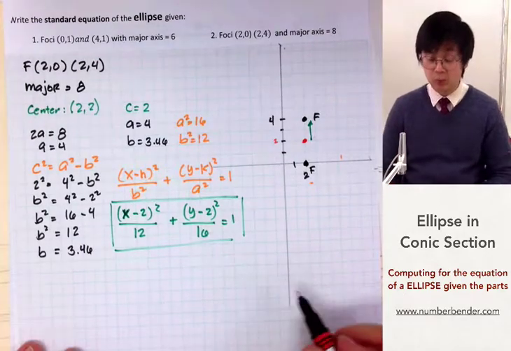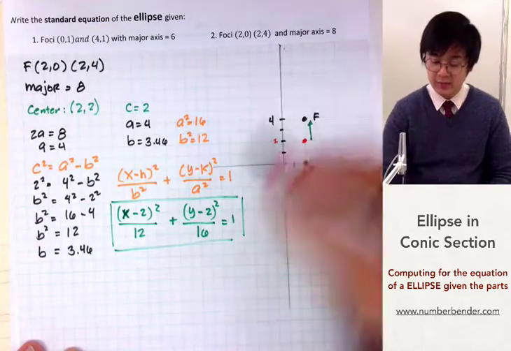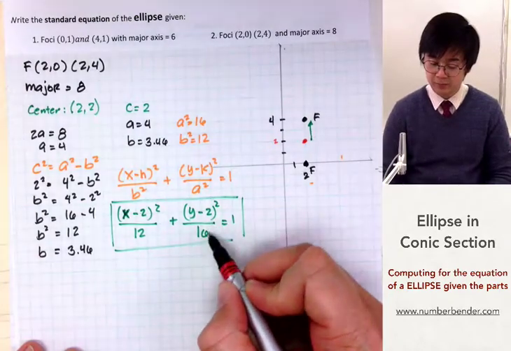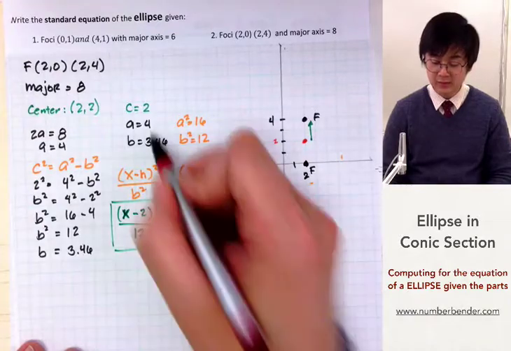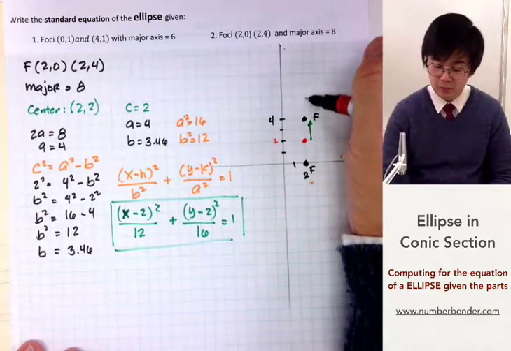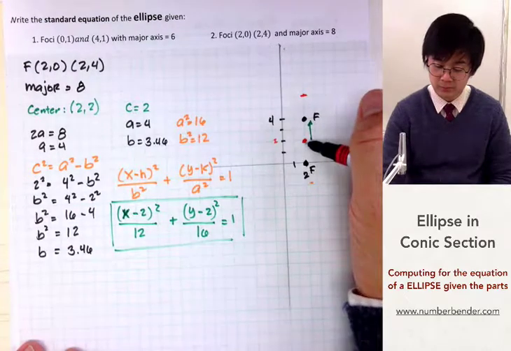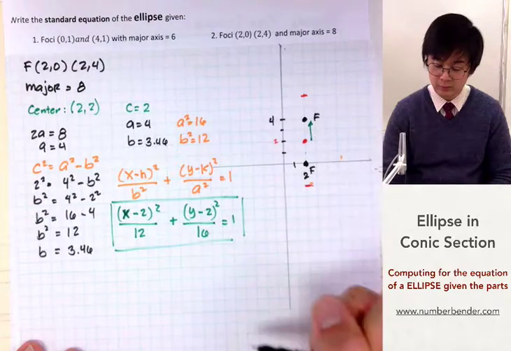Now to complete our ellipse, since the major axis is along the y-axis, our denominator for y, which is 16, square root of that is equal to 4. So you will count 4 units up, 1, 2, 3, 4, and 4 units down, 1, 2, 3, 4.